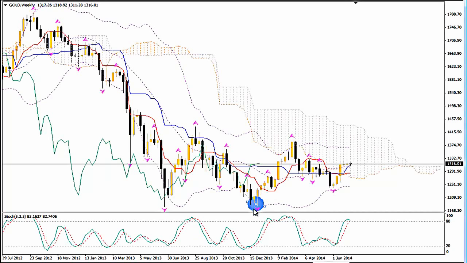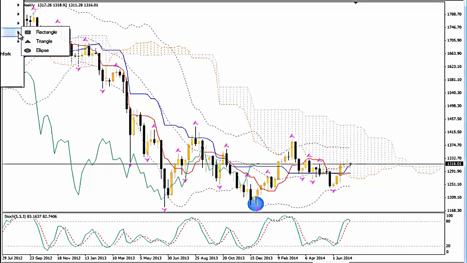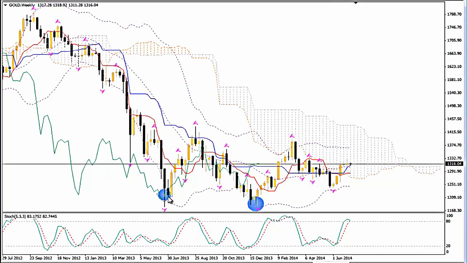Here is the head, and here is one shoulder, and here is the other.